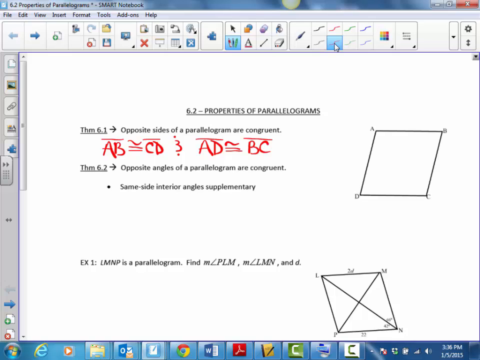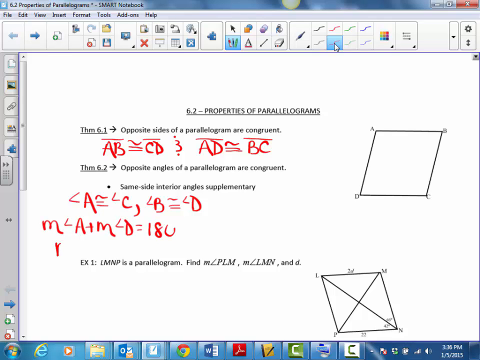Theorem 6.2 says that opposite angles of a parallelogram are congruent and same side interior angles are supplementary. So angle A is congruent to angle C and angle B is congruent to angle D. We can also say that the measure of angle A plus the measure of angle D equals 180.